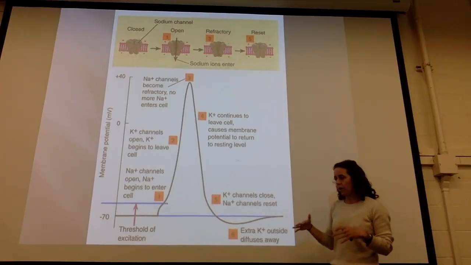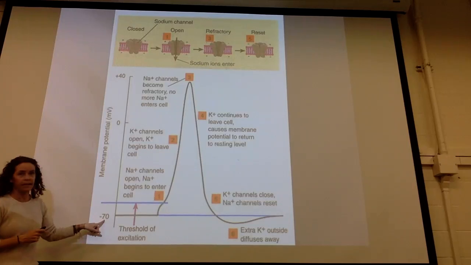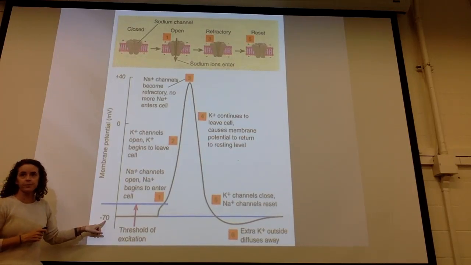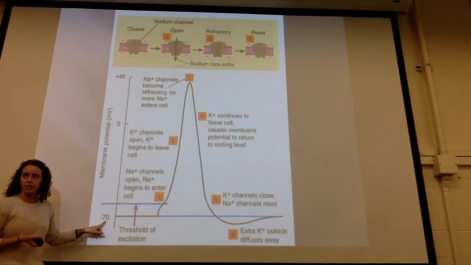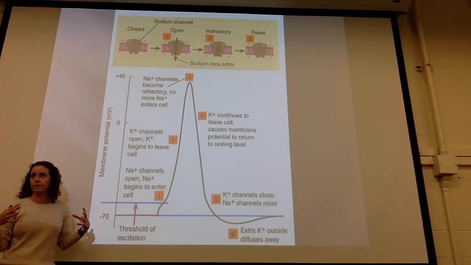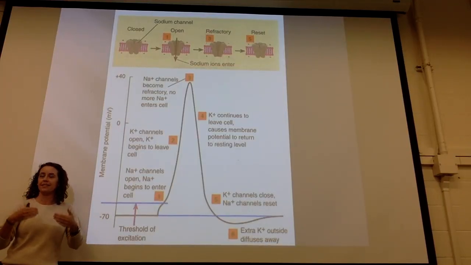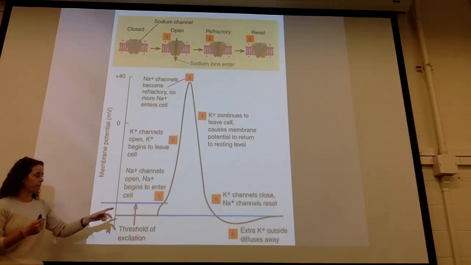So at our resting state, the neuron is very, very negative, negative 70 millivolts. Depolarization starts with the sodium channels opening. Sodium, with its very positive charge, comes into the cell, starts turning the inside of the cell positive.